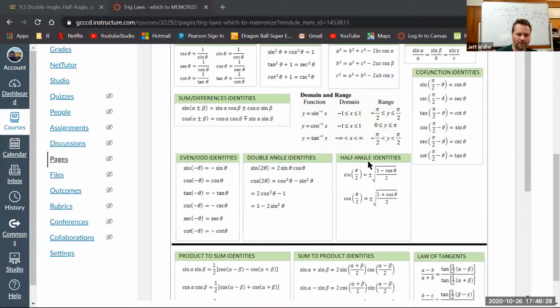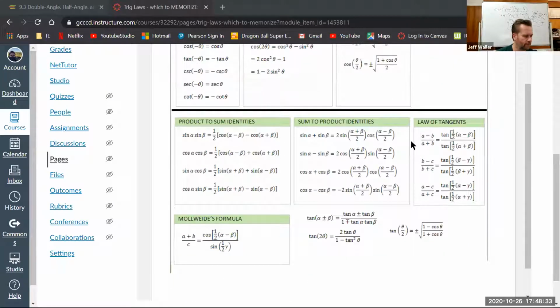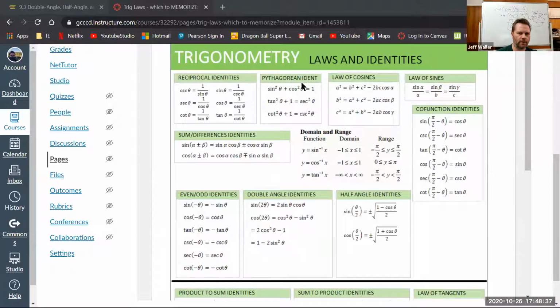So we sort of have picked the most important ones, and these are sort of the second tier down here. Okay. Hopefully that makes sense. And even some of these, you don't have to memorize each one because you can build some off of the other ones.